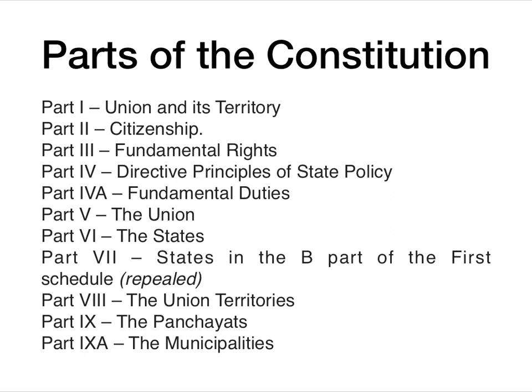The date of the 26th of January was chosen to commemorate the Declaration of Independence of 1930. With its adoption, the Union of India officially became the modern Republic of India, and it replaced the Government of India Act 1935 as the country's fundamental governing document.